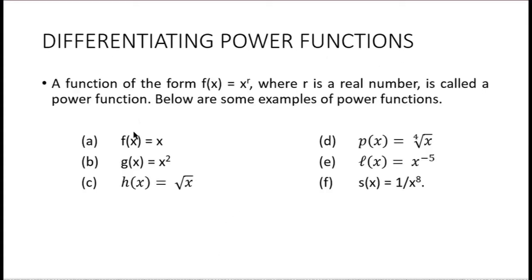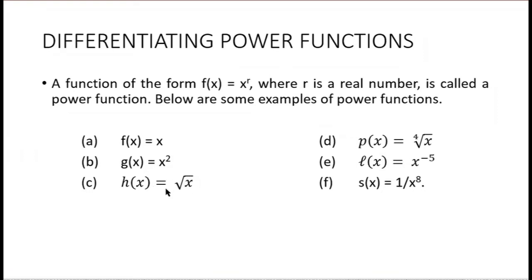Differentiating power functions. A function of the form f of x is equal to x to the r, where r is a real number, is called a power function. Below are some examples of the power functions. F of x is equal to x, kasi ang kanyang power ay 1. G of x, x squared, ang kanyang power ay 2. H of x equals square root of x, ang kanyang power ay 1/2.